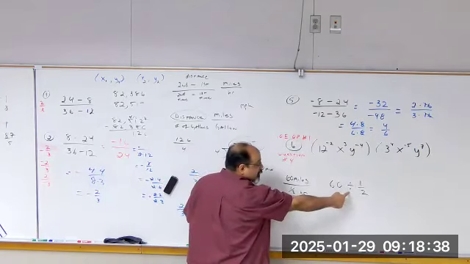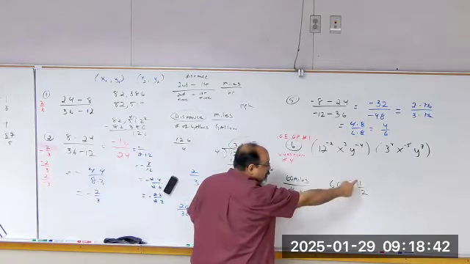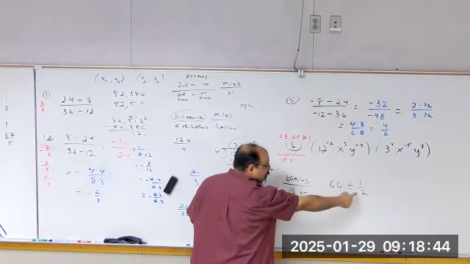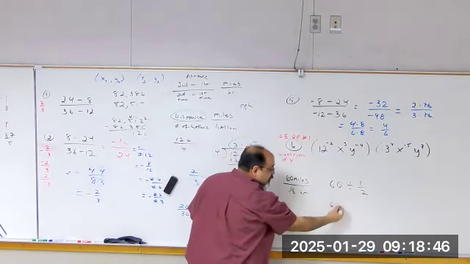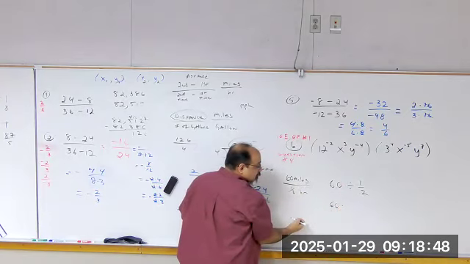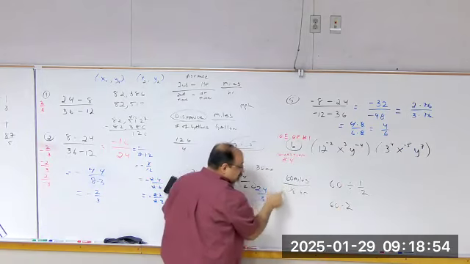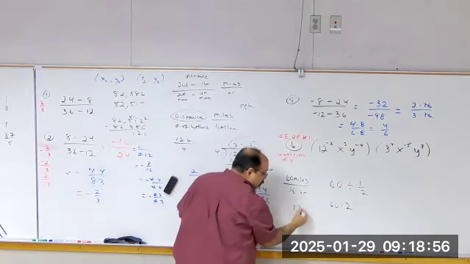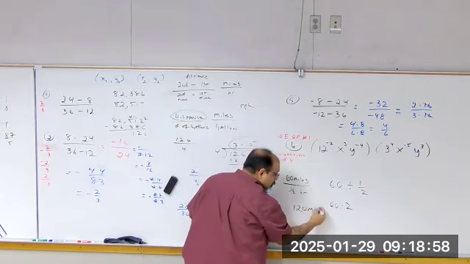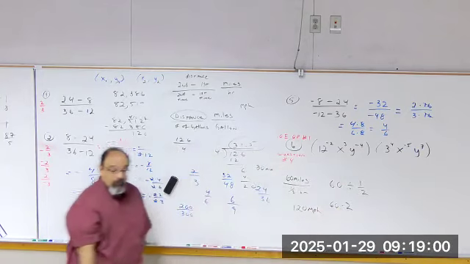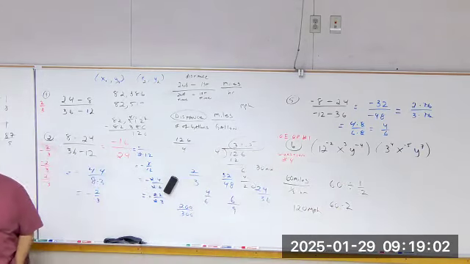What do you do with division? You multiply by the reciprocal. So this is 60 times 2. So how much is 60 divided by half? That's your average speed.